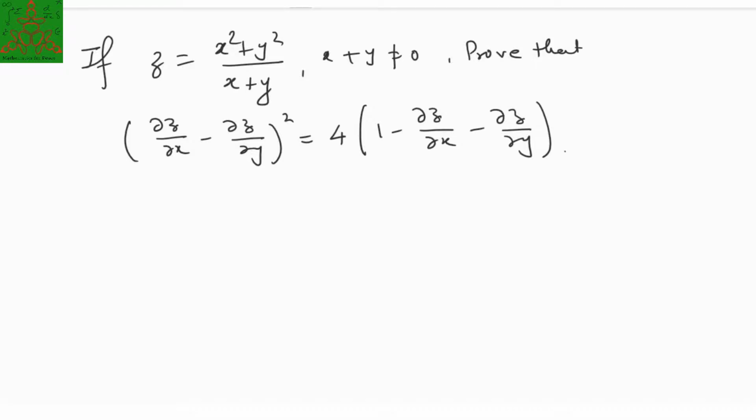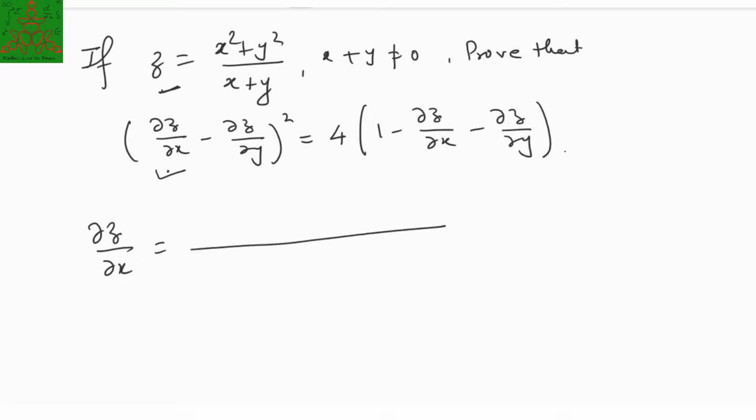So you just observe that here we are asked to prove this quantity, which involves the first order partial derivatives, and to do that we can just take the derivative of this quantity with respect to x, and that contains a function of x and y which is in the form of u upon v. So you have to apply the division rule here to find ∂z/∂x.